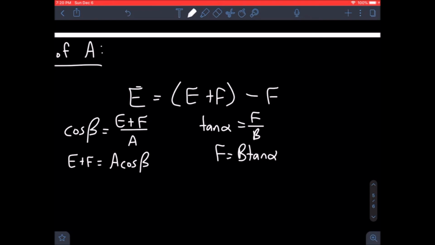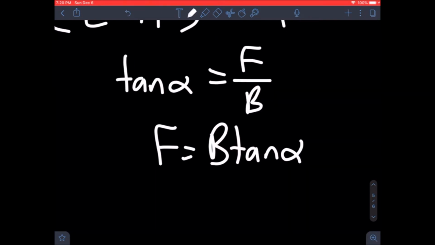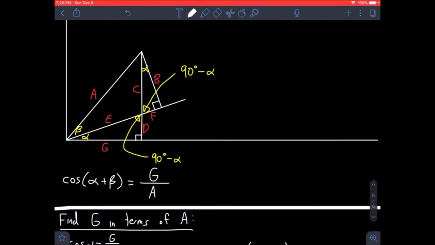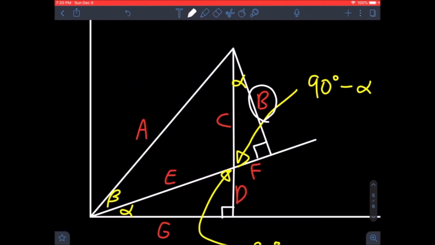If we solve for F, we get F equals B times the tan of alpha. Now, the next thing that we need to do is find what B is in terms of A, so that we will have F in terms of A. If we look at our right triangle, we have B and A. Notice how B and A are both part of this right triangle right here, which uses beta.